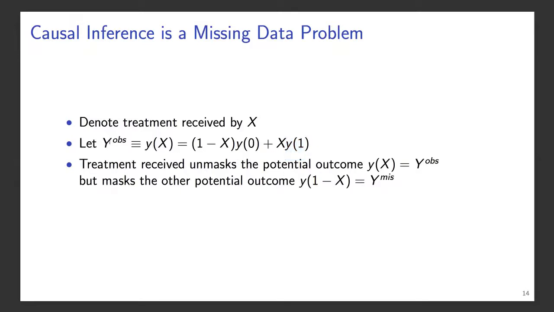This relationship is sometimes referred to as causal consistency, which is a distinct concept from statistical consistency or convergence in probability. So as I said before, this is really a missing data problem. We get to see one of the potential outcomes, and the other one, the potential outcome that corresponds to the treatment the individual did not receive, is missing or counterfactual.